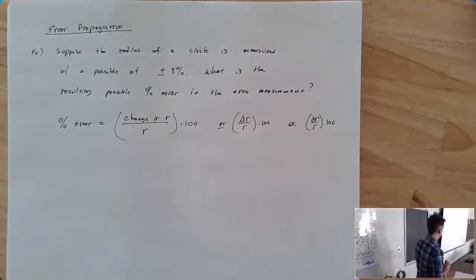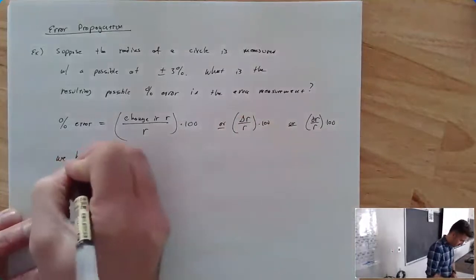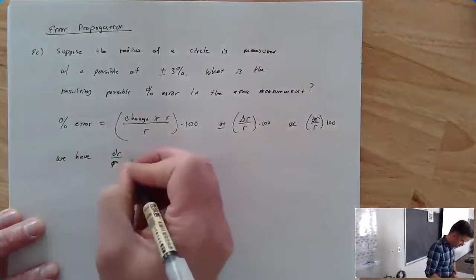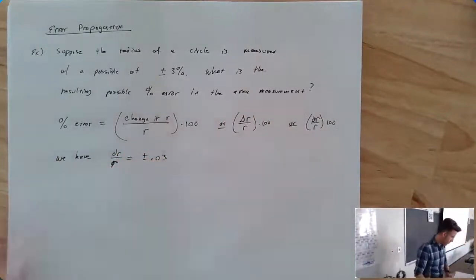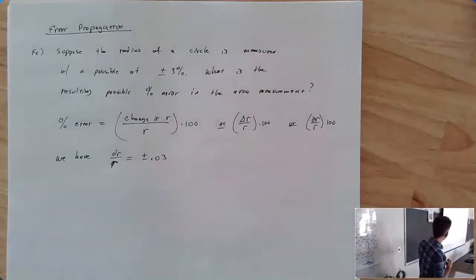So what we're saying in this particular problem is we have that dR over R is either plus or minus 0.03. Or you could multiply that by 100 and you'd get 3%. But we're not going to multiply by 100 until the very end. So we're just thinking of it as the relative error.